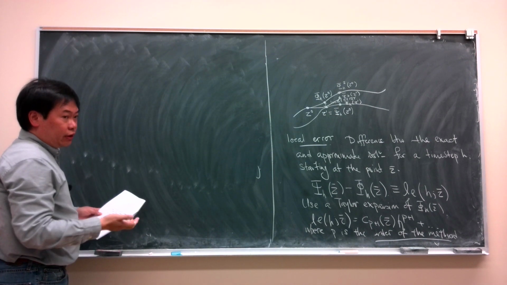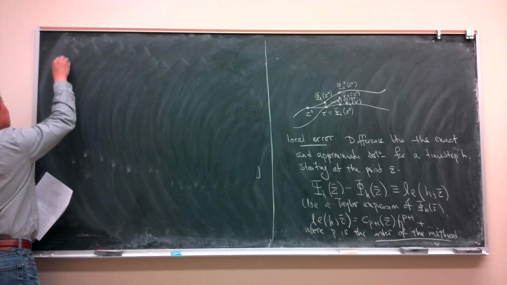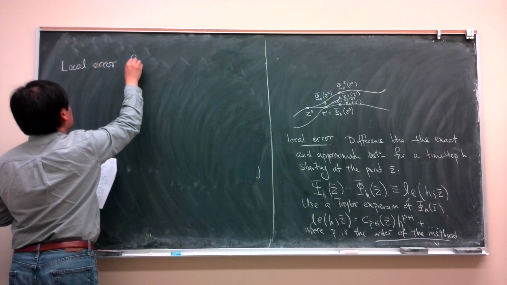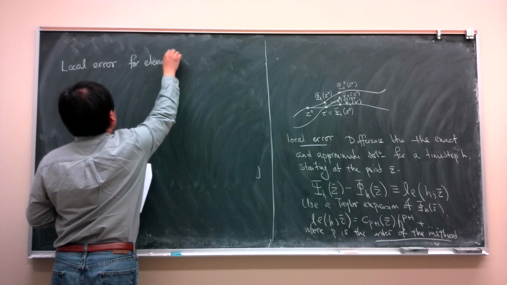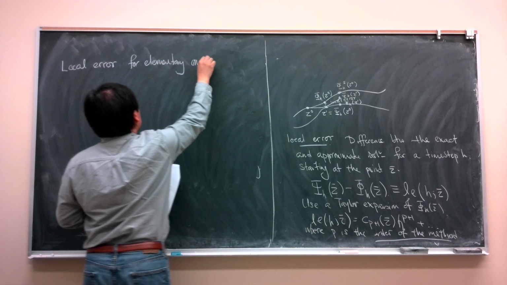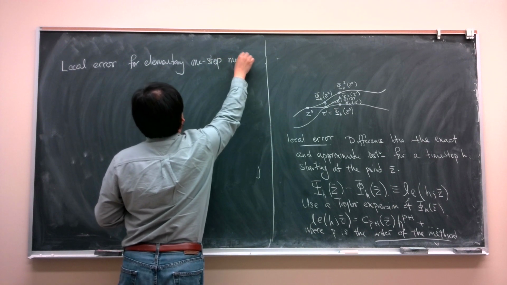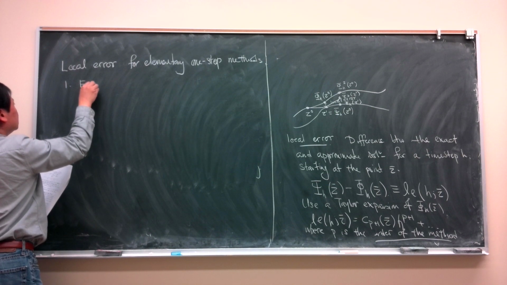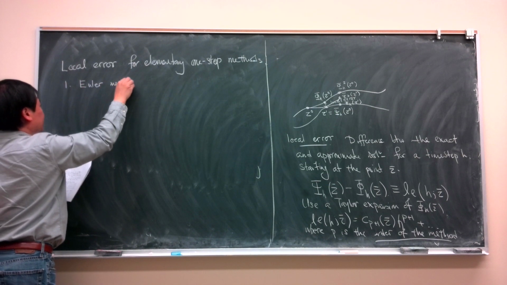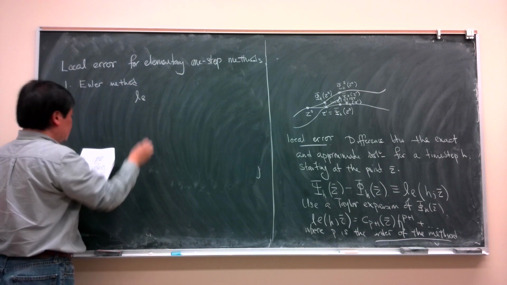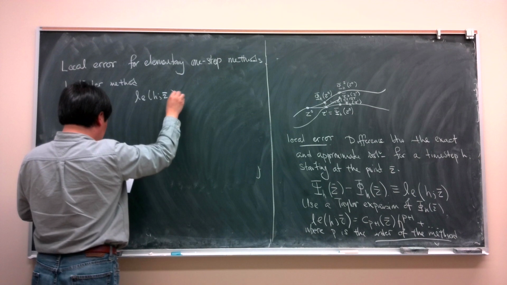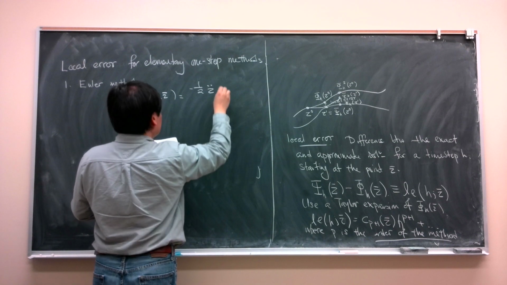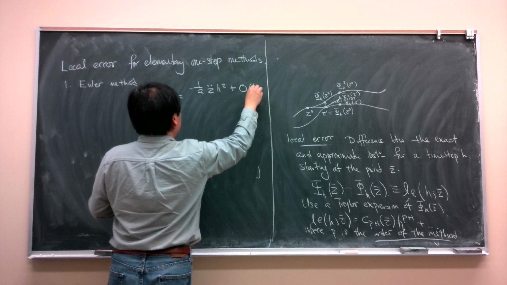So let's look at the local error for a bunch of these elementary one-step methods. With the Euler method, you can check that the local error is of the form minus 1/2 z double dot h squared plus big O of h cubed.